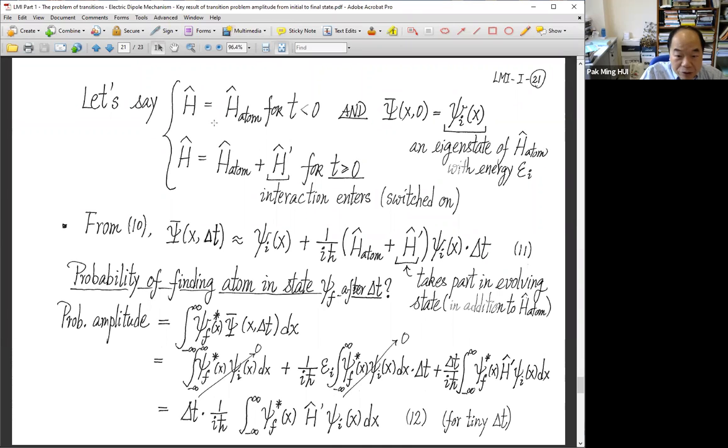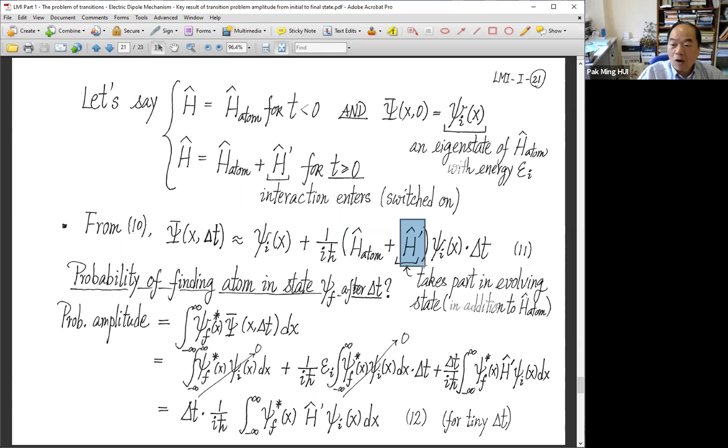Now, just to remind you, in our context, before time equals 0, atom only, starting at that point, we switch on the whole thing with interaction, okay? Therefore, the H that we see at time equals 0 has just switched on, we have this part.